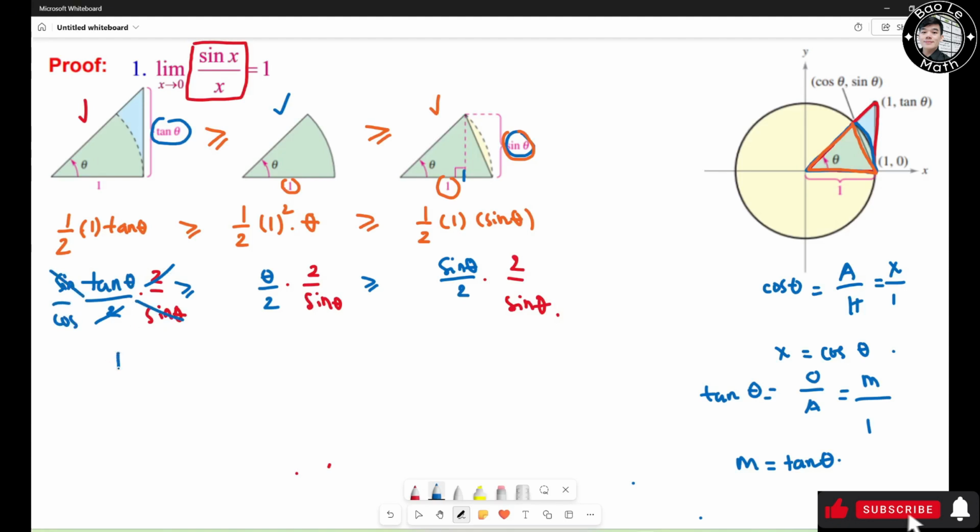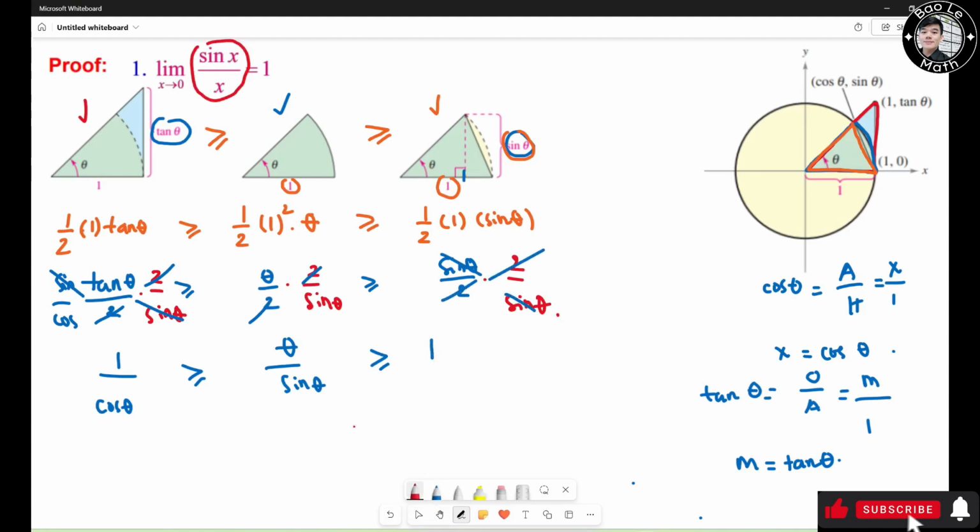So I only have 1 over cosine theta left, greater than or equal to theta over sine theta, greater than or equal to 1.